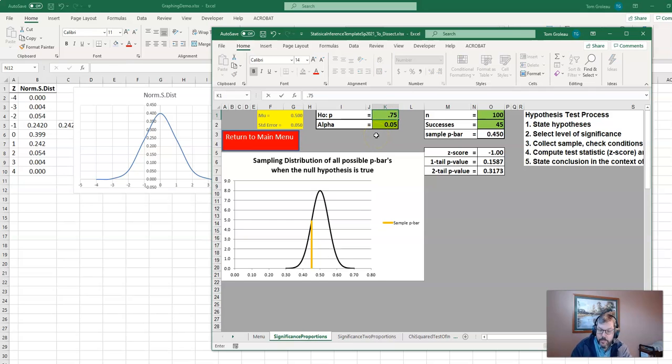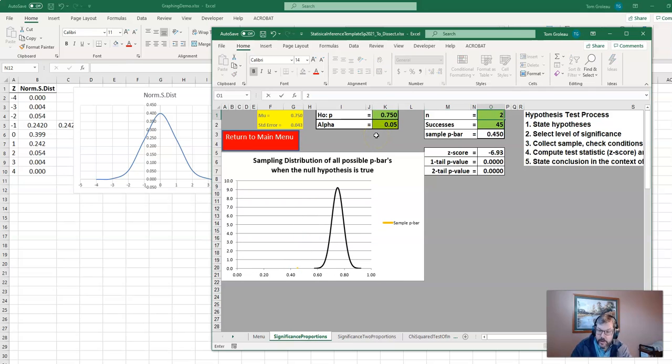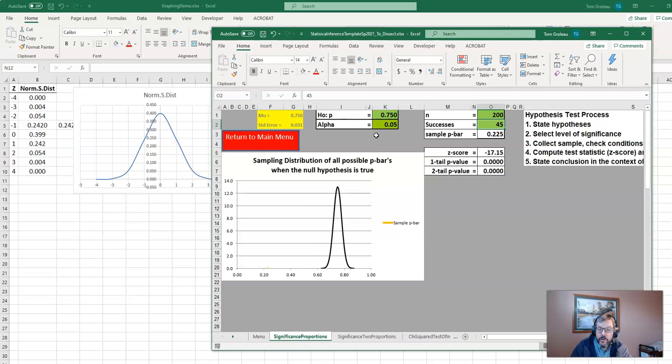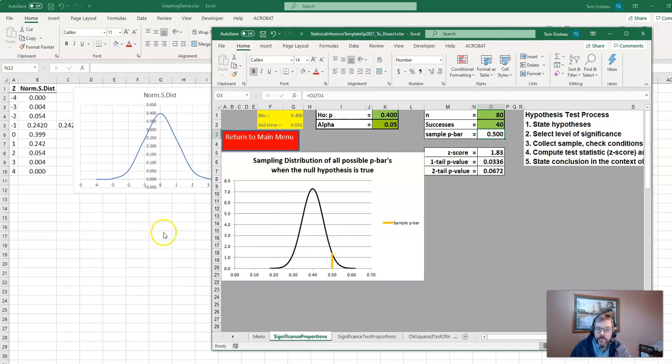If my hypothesis is 0.75 and I've got a sample size of 200, well then my sampling distribution looks like this normal curve. If my null hypothesis is 0.4 and my sample is kind of small, then I have this sampling distribution.